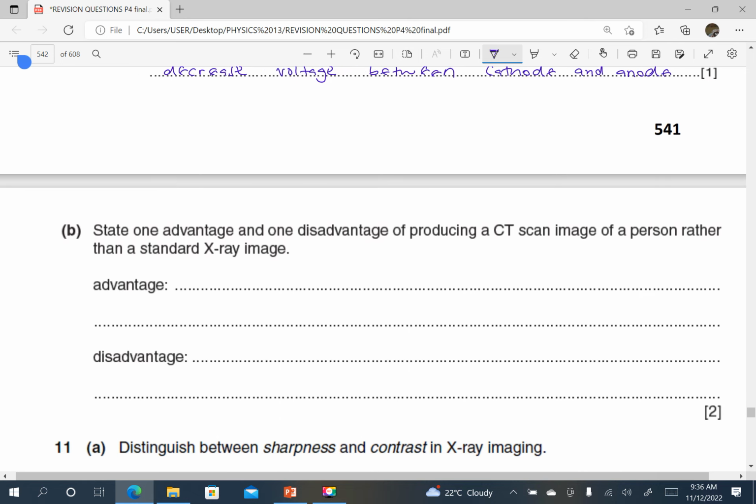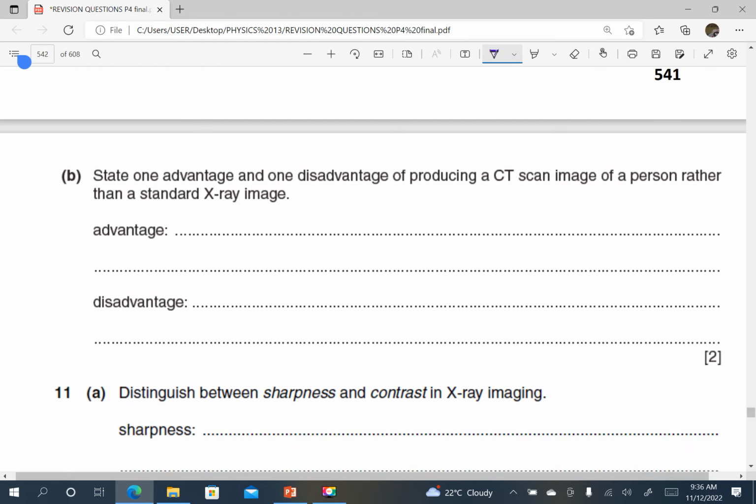State one advantage and one disadvantage of producing a CT scan image of a person rather than a standard X-ray image.